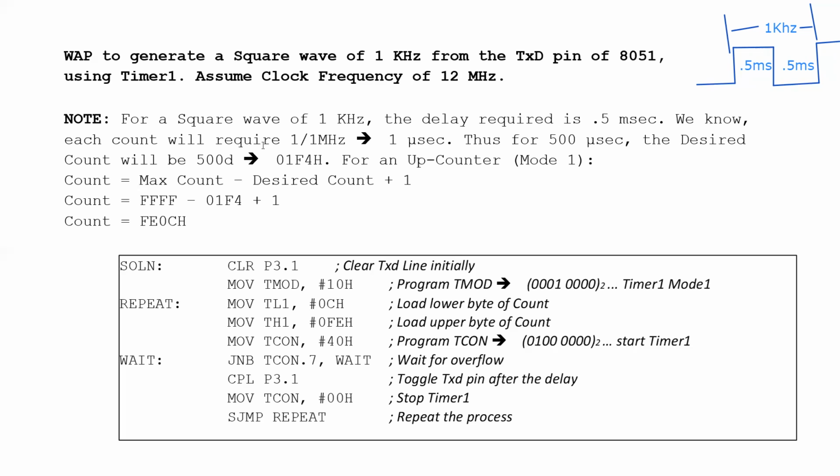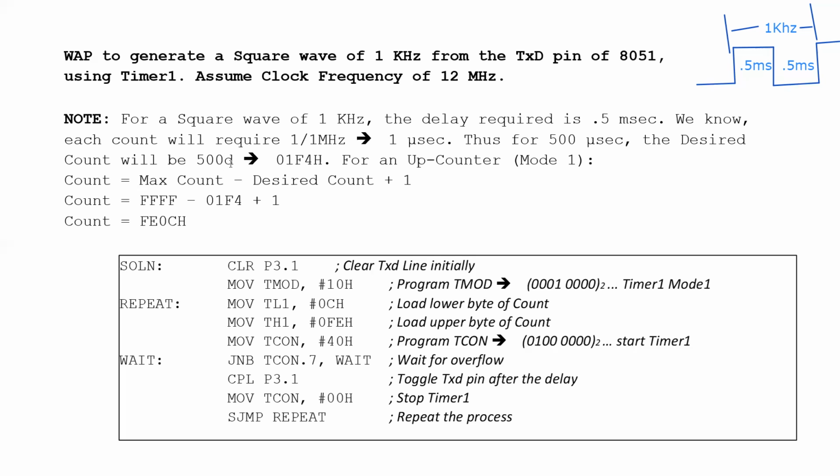We know that each count takes 1 by 1 megahertz, which is equal to 1 microsecond. 0.5 millisecond means it is 500 microseconds. The desired count will be 500. So one count is 1 microsecond, so 500 microseconds means 500 counts.